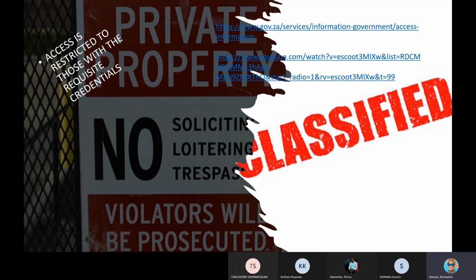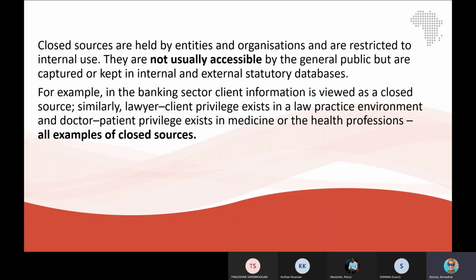Then I also want to make sure that you understand that there are certain types of information that are closed sources. For example, if you want banking information, you will have to subpoena the bank records through the court. You will have to be a police official to subpoena bank records.